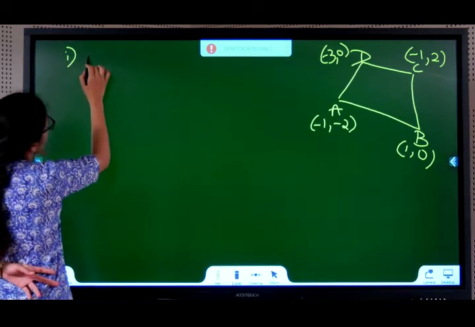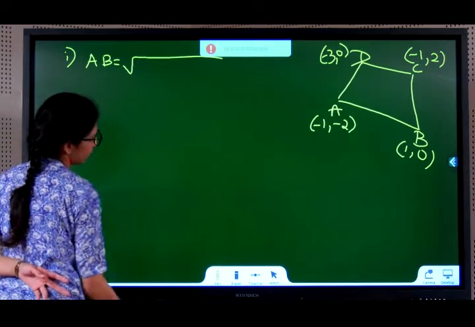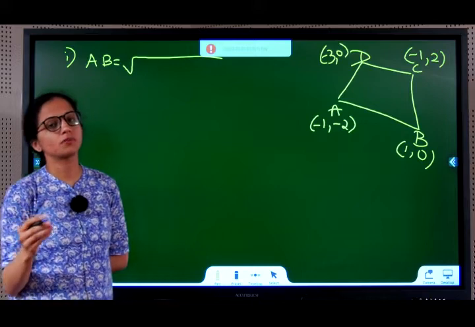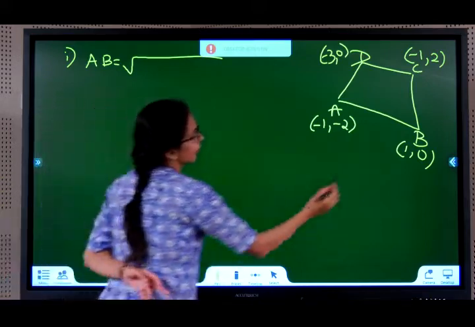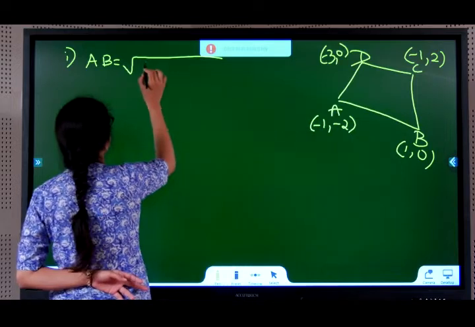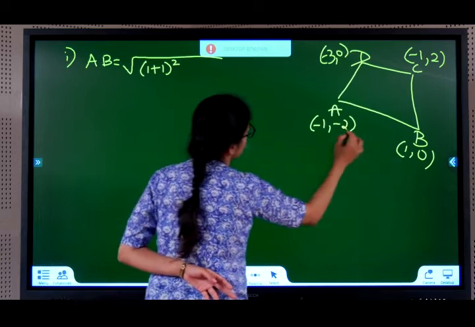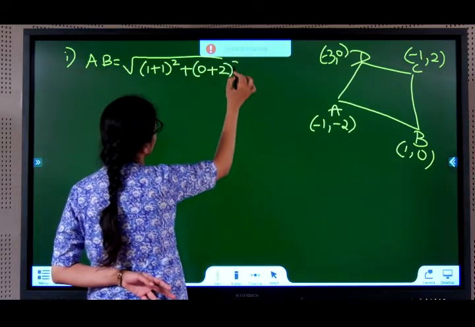So first find AB. First, what's the distance formula? X2 minus x1 the whole square plus y2 minus y1 the whole square under root of the whole thing. Please write that. I haven't written it here. 1 minus of -1, 1 plus 1 the whole square plus 0 minus of minus 2, 0 plus 2 the whole square.